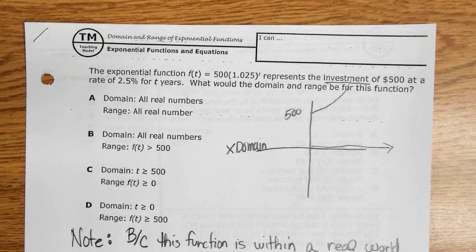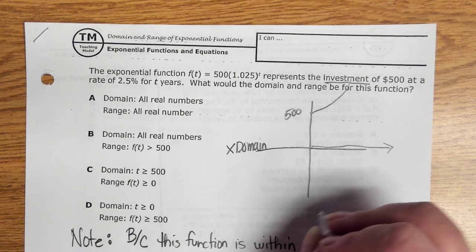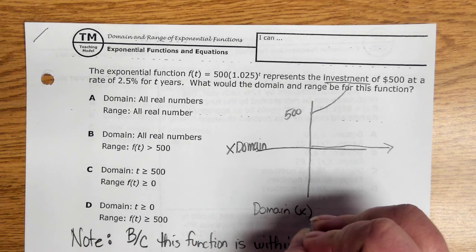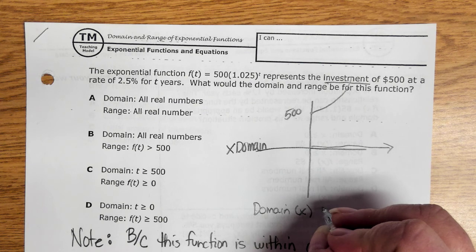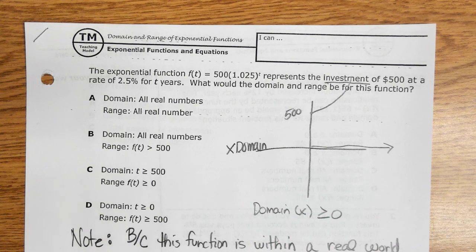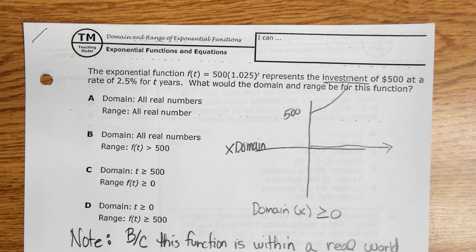So we can safely say that our domain, which is our x, is going to be what? Greater than or equal to 0. Do you agree with that statement? Okay? So, well, there's only one that has that, isn't there? Okay? Well, let's explain why the range is what it is.